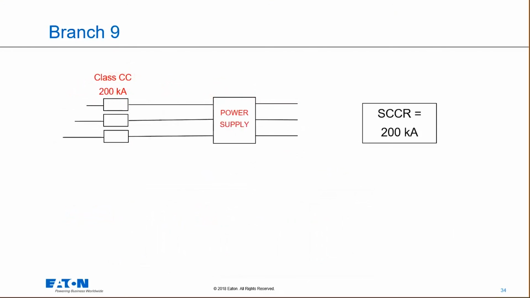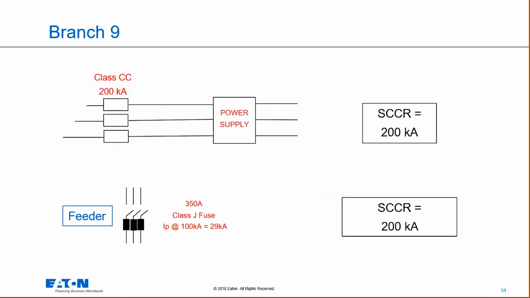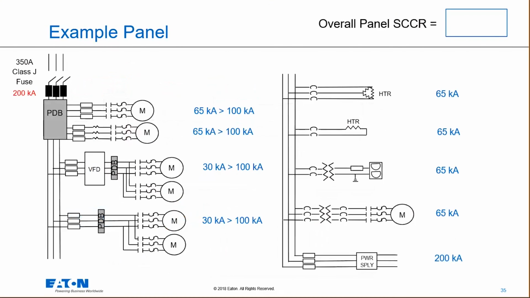And then finally, no need to raise that rating. We already have a 200,000 amp rating on that device, so we're going to leave that where it is. Now when we look at the overall panel rating, we were able to raise the ratings of all these devices up to the rating that we need to satisfy the customer's requirements. So we can get a 65K out of our power distribution block.